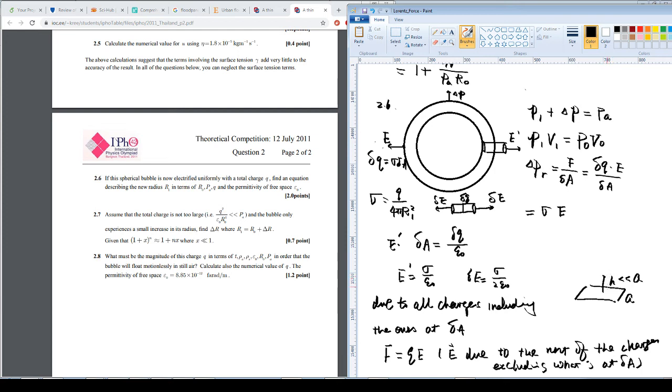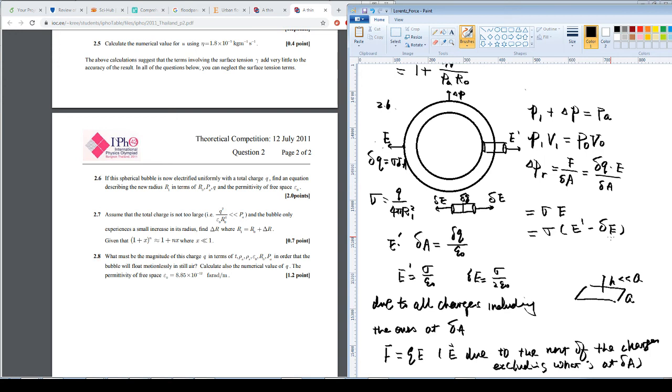As long as we're looking very closely at what's happening at the patch, we're okay. All right. Therefore, what is E? E is E prime minus delta E, because the one that's pointing into the center doesn't matter, it gets cancelled out.